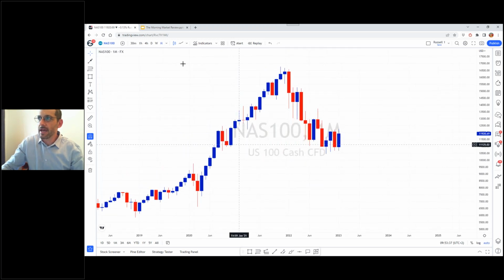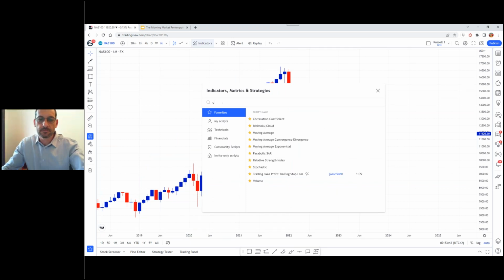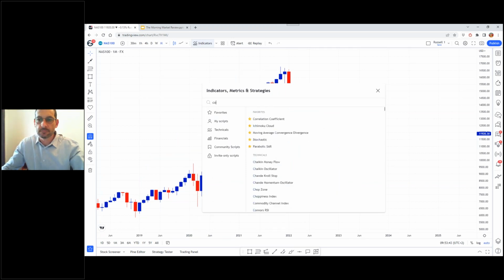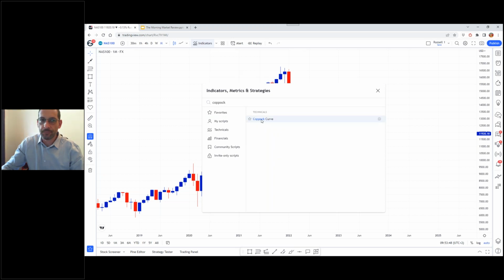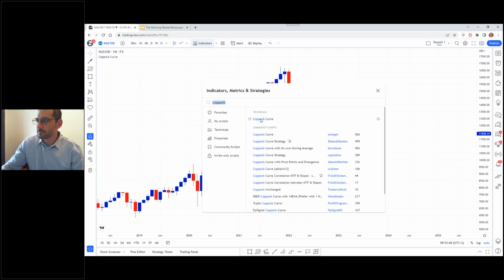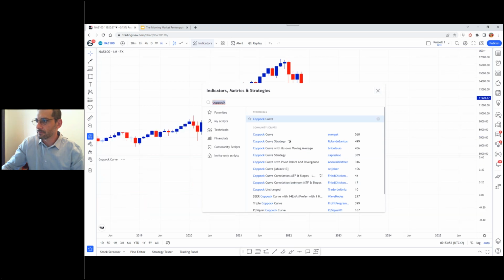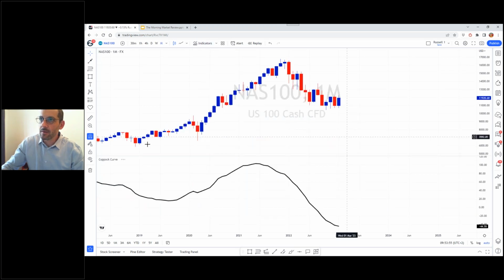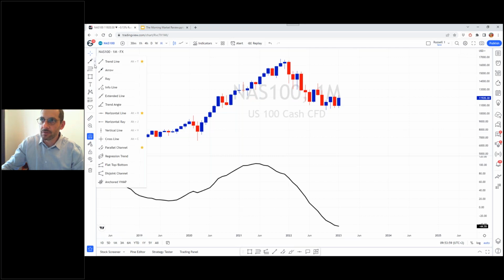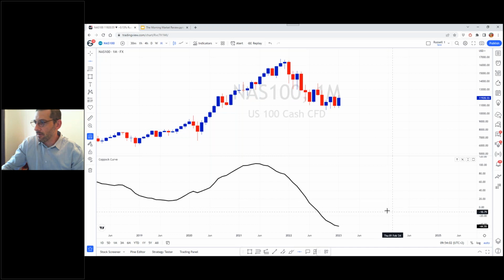So let's just add the COPOC indicator here. And the way the COPOC indicator was written, there are two things that we have to watch for.